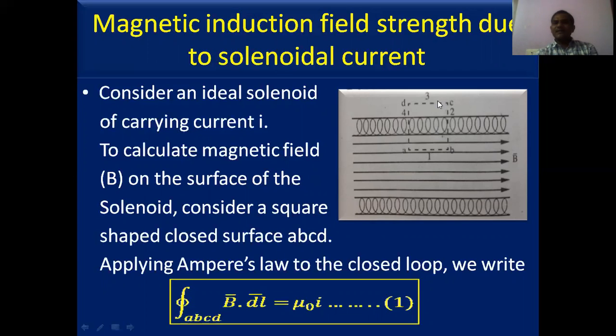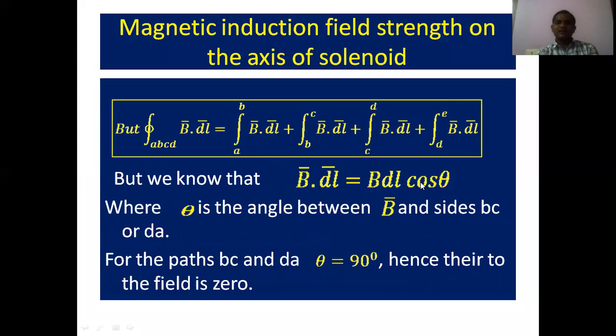For the path CD, since it is outside of the solenoid, it does not contribute to the magnetic field. Only the path AB contributes the magnetic induction field strength for our calculation. For the paths BC and DA, theta equals 90 degrees, hence the field contribution is 0.